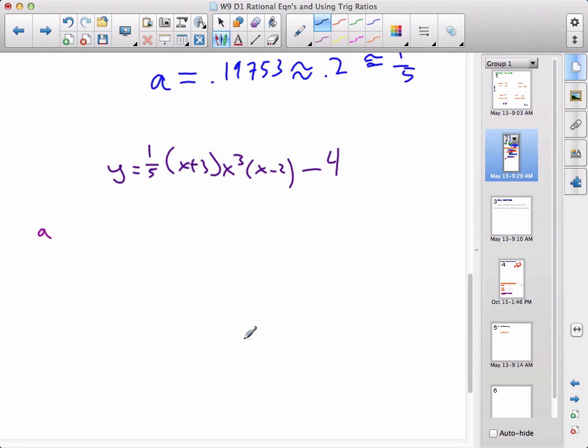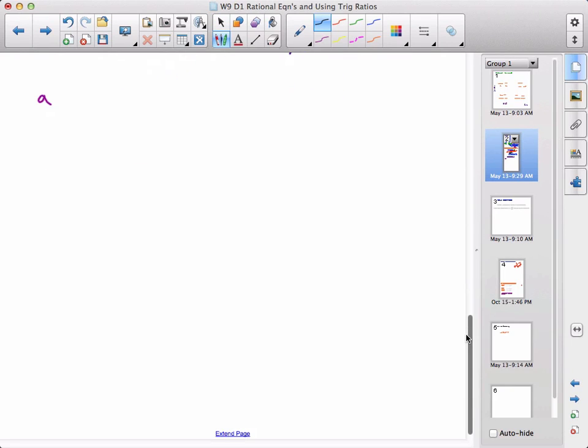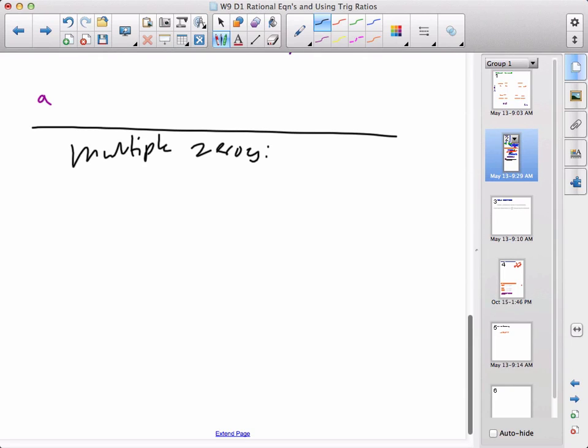We're talking about multiple zeros now. So you're basically saying, what's the difference? How do I know if a zero looks like this? How do I have a sense for the power at that zero?